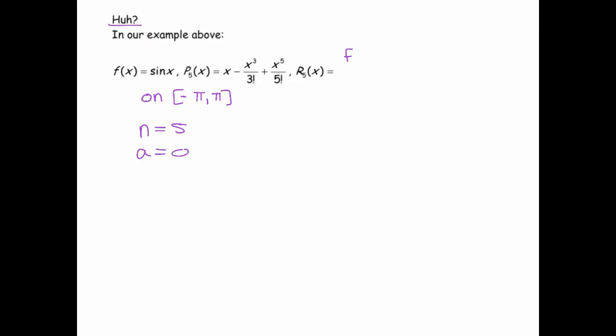Okay, and so we're doing the 5th derivative at some c value times, so I'm going to put an x here, x minus the center, 0. Actually, wait, I messed up. It's the n plus first derivative, so that's a 6. X minus 0 to the n plus 1, which is 6, divided by 6 factorial.